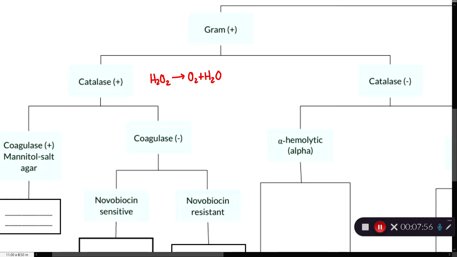Also, sort of hand in hand with that, is if you see these cocci described as being arranged in clusters, whereas these guys will often be described as arranged in chains, or maybe even diplococci.